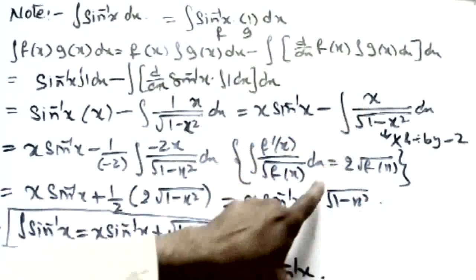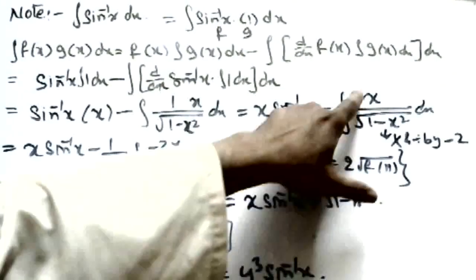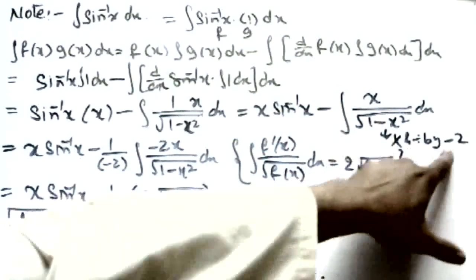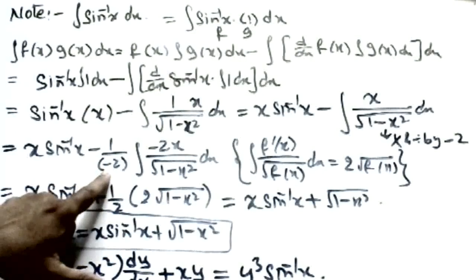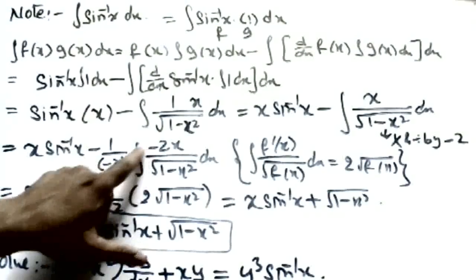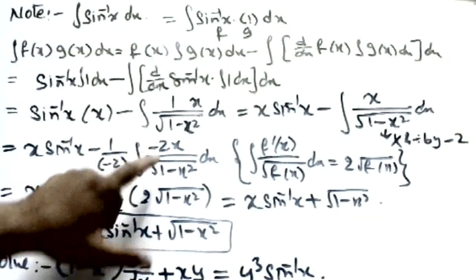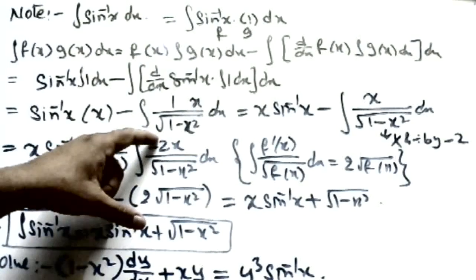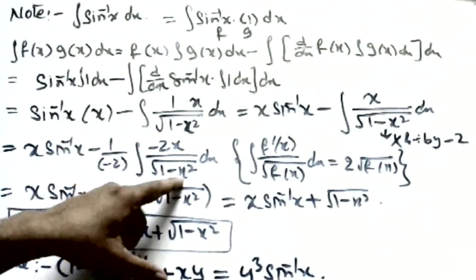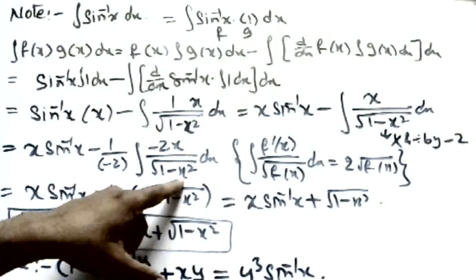We already have x here, so to get minus 2 here, multiply and divide by minus 2.